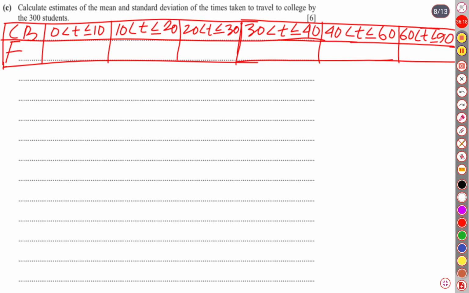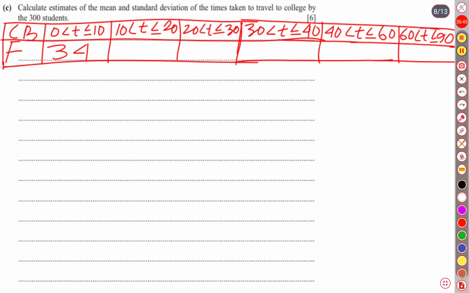Now remember, in case of finding the mean, your cumulative frequency distribution table will not work. We will have to find the exact frequency. So let us write the frequency. The first frequency was 34.